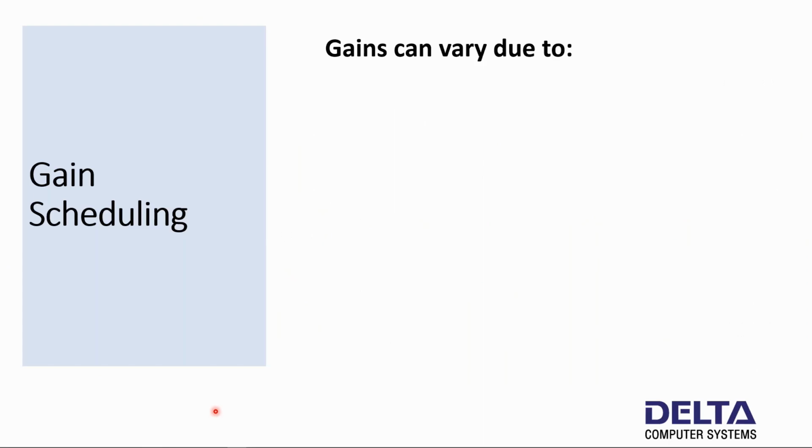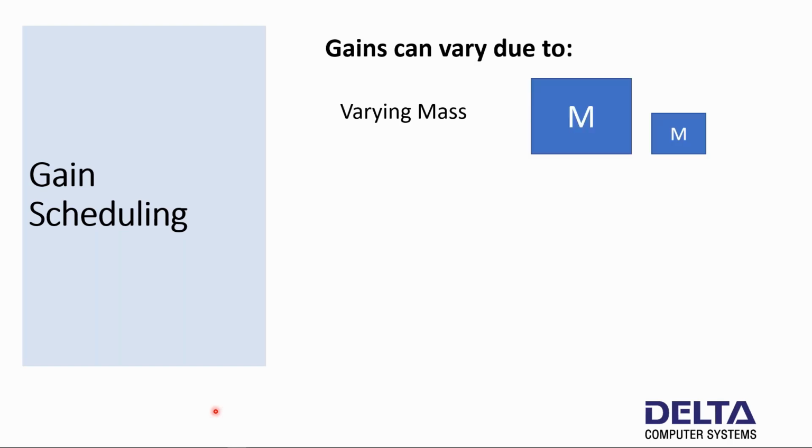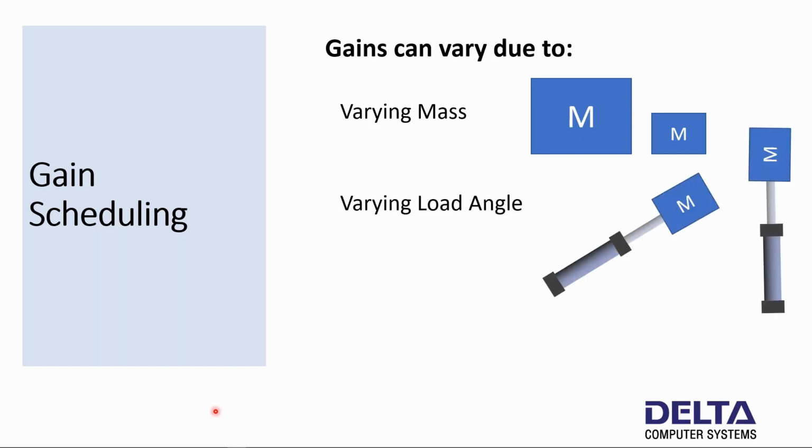So, gain scheduling. On a lot of systems, even if they're not bad systems, what the gains need to be can vary due to a varying mass. So if you have 1 pound on a system or 10,000 pounds on a system, it's possible that you may need different gains. Or if you have varying load angle, if you're pointing straight up or sideways or upside down, the load may need to change and your gains may need to change. And maybe you have a machine where your load angle actually varies on the fly.